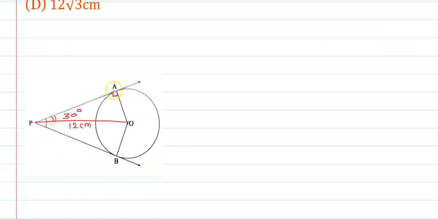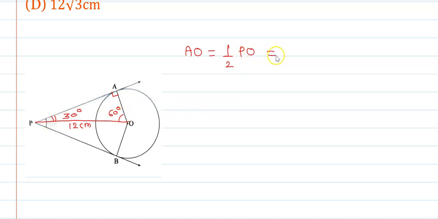Now the triangle APO is a right angle triangle whose first angle is 30 degrees. This is 90, and then this will be 60 degrees. By using the 30, 60, 90 theorem, the side opposite to the 30 degree angle is half of the hypotenuse. That is, AO is equal to 1/2 PO.